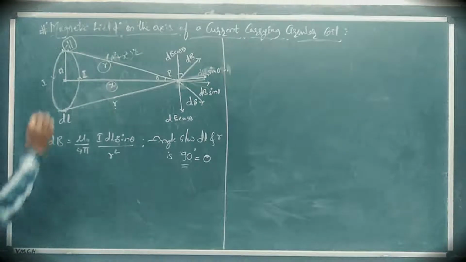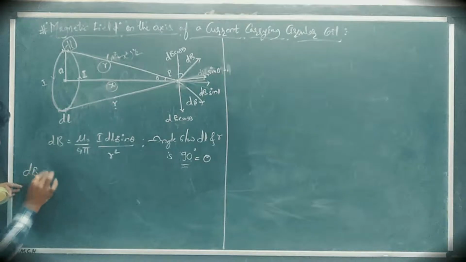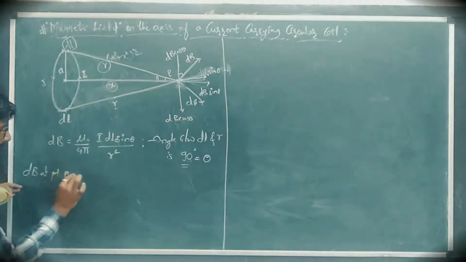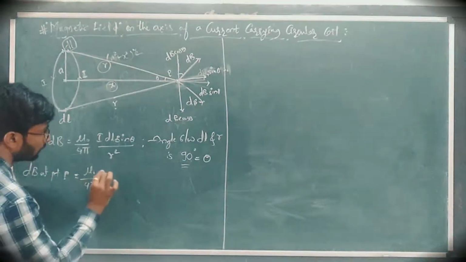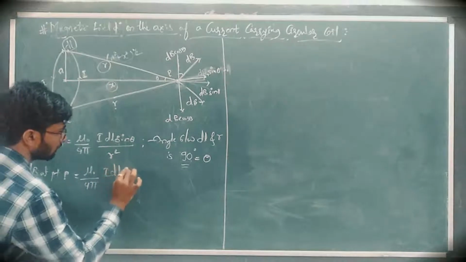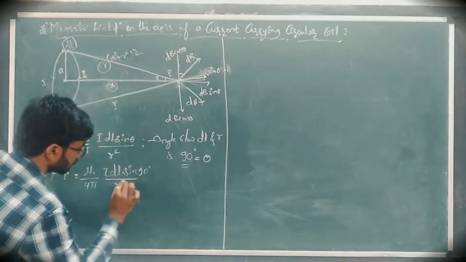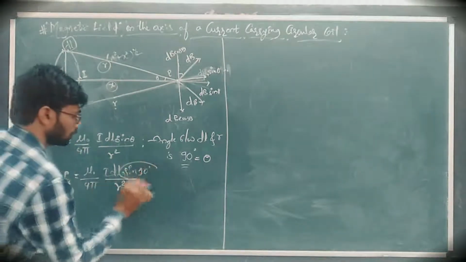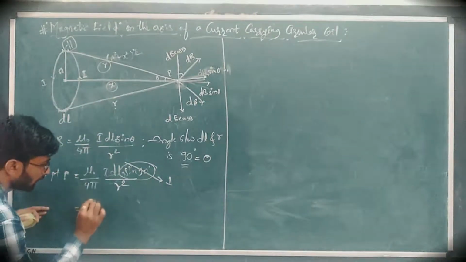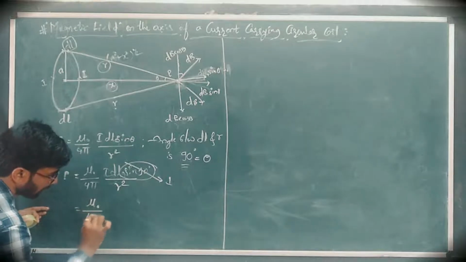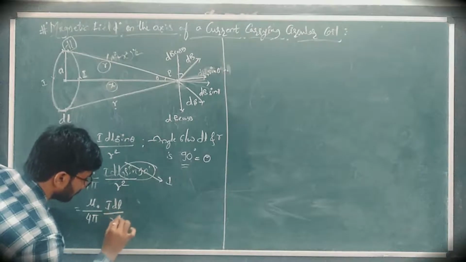So if you want to find the magnetic field at the point P, dB at the point P can be written as mu naught by 4 pi, I dl sin 90 degrees whole divided by r squared. You already know this, so I can rewrite it as dB equals mu naught by 4 pi, I dl by r squared.